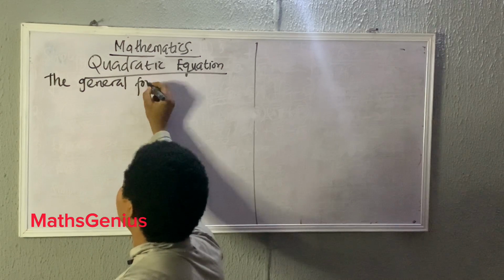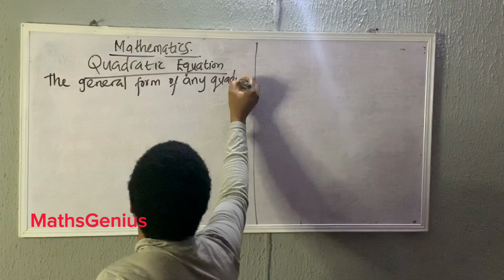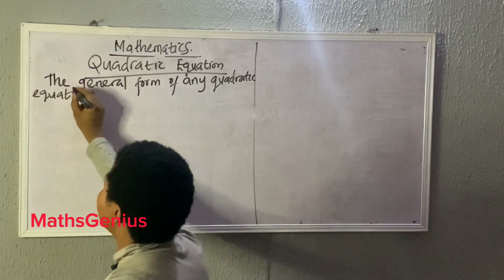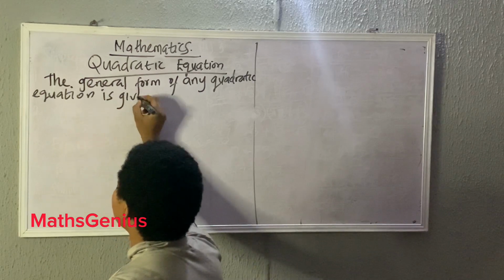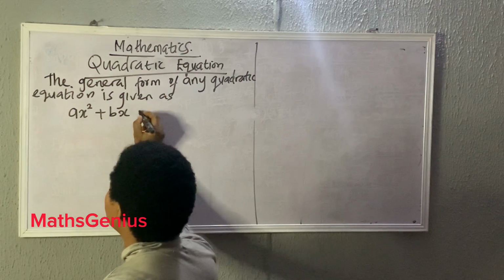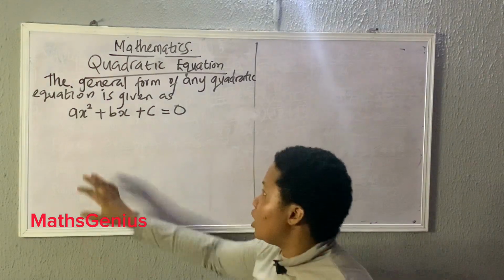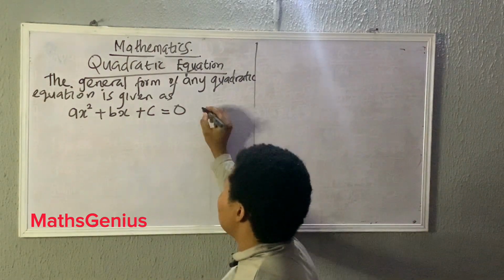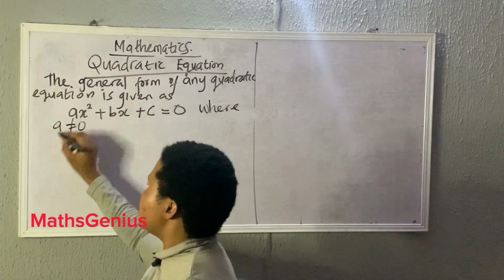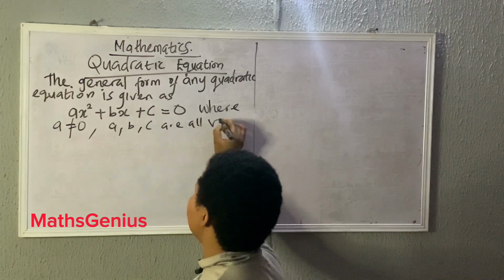The general form of any quadratic equation is given as ax squared plus bx plus c equals 0, where a is not equal to 0 and a, b, c are all variables.